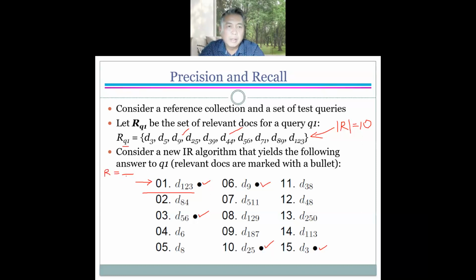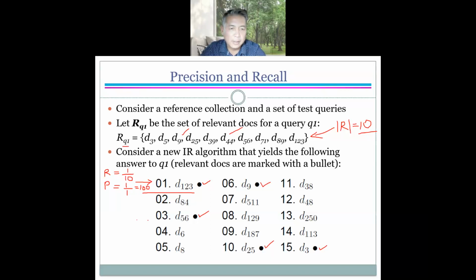You have 10 relevant documents, but only one has been retrieved. So that is your recall. Your precision at this moment: at this position, how many documents do you have? You only have one, and out of one, you have one relevant document. So your precision is 100% because you have 1/1.